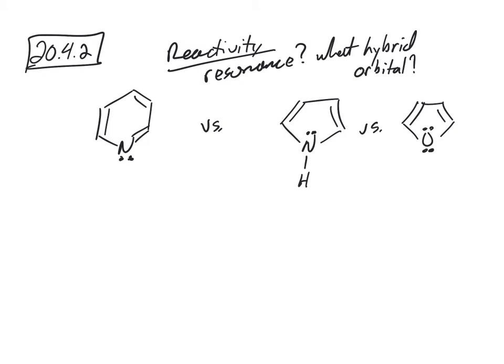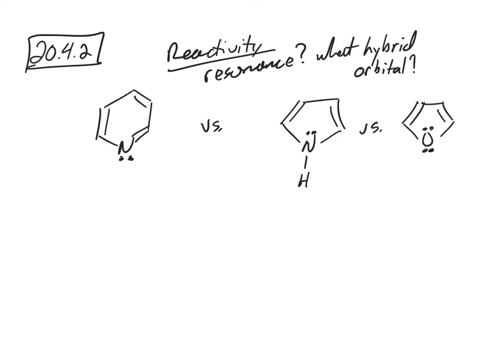Because what hybrid orbital will tell us something about how reactive it is. If a lone pair is in an sp3 orbital, that's farther from the nucleus. That's more reactive than an sp orbital that has a lone pair. We learned about that with hybridization. And we really need to start thinking about these molecules in 3D structures. So let's take a look at that.